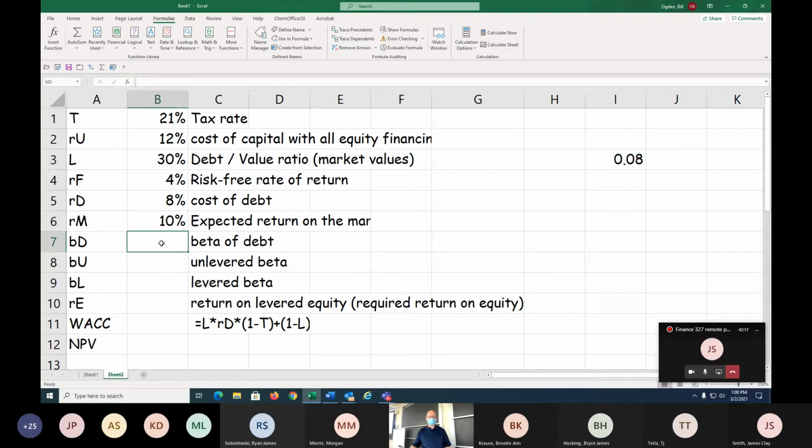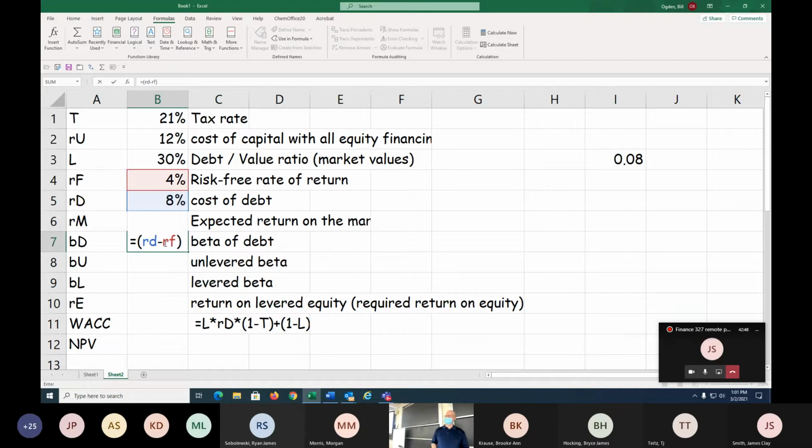All right, we just did the beta of the debt, correct? Just did that. Now let's do it again. So equals the risk premium on the debt. All right, and how do we do that? We'll take the RD minus what? How do we get a premium? Over and above the risk-free.